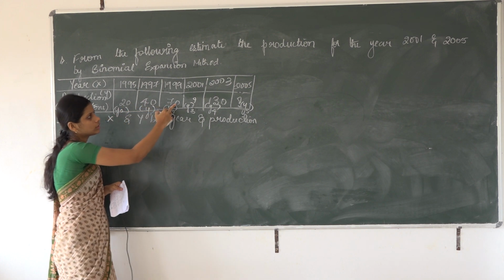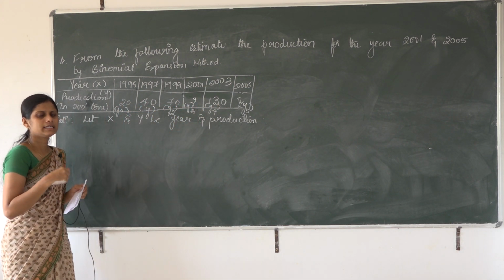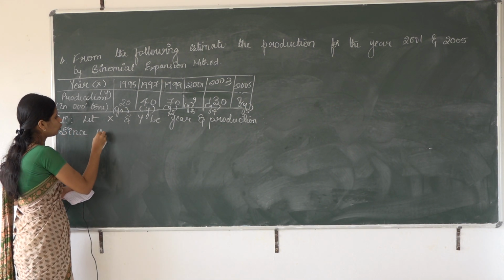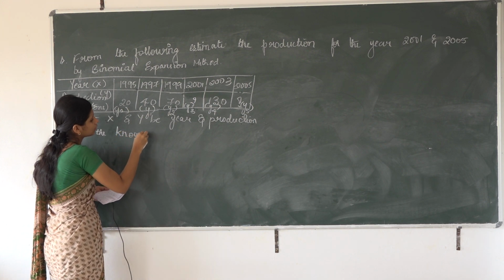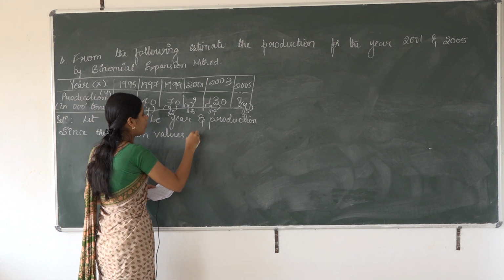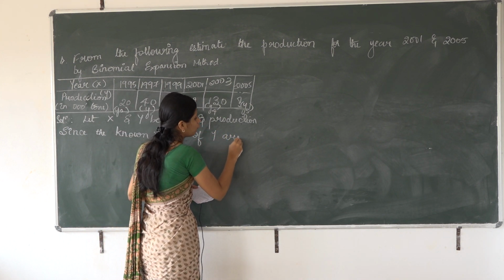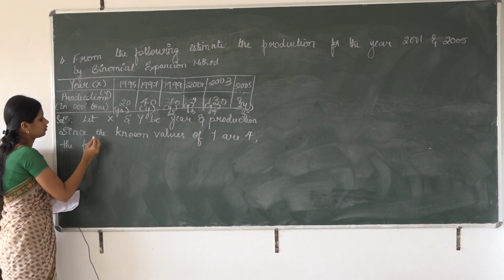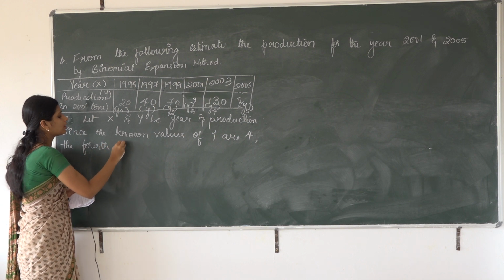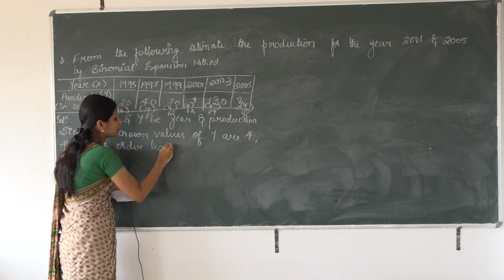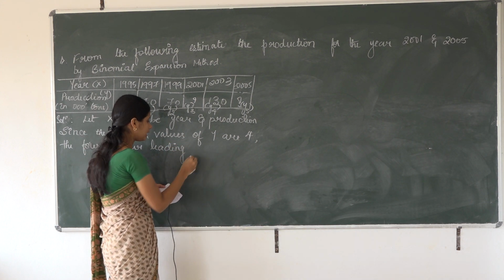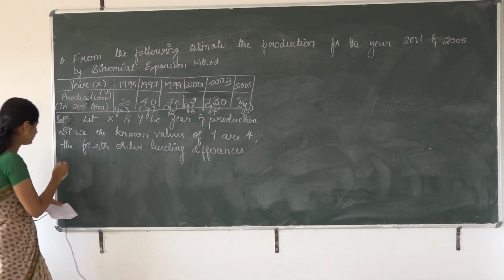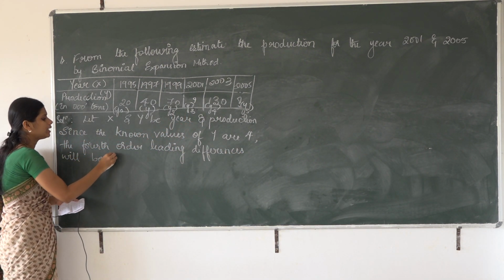See, 1, 2, 3, 4. 4 values of y are known. So you have to write, since the known values of y are 4, the fourth order leading differences will be 0.